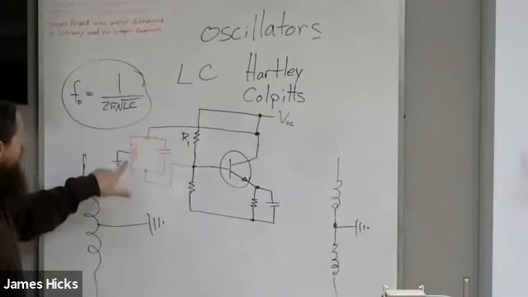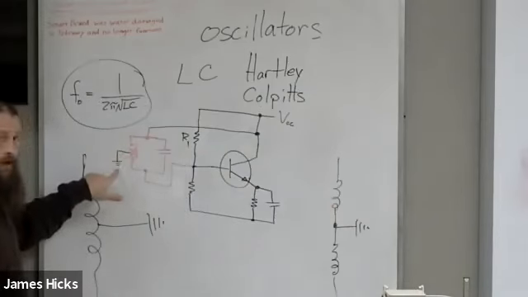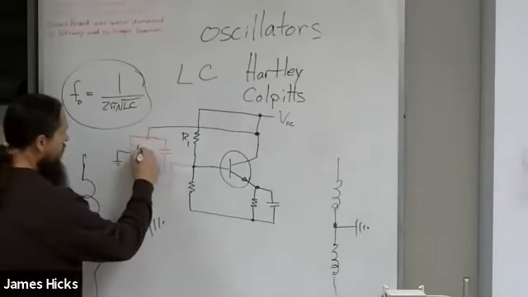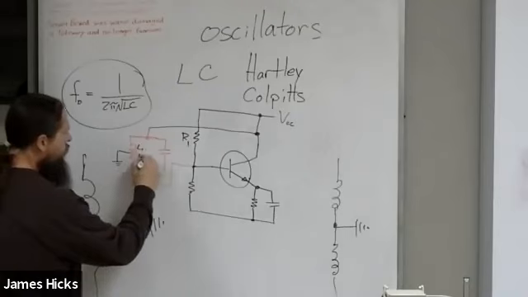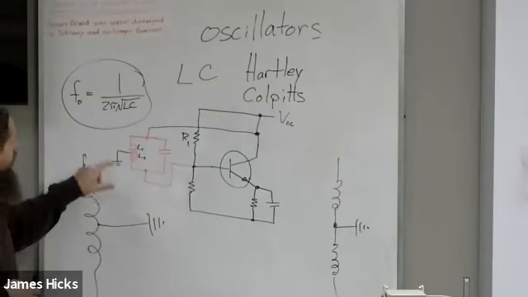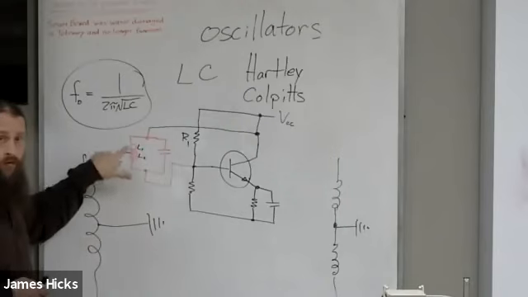The fact that I make the center of the inductor ground, it's kind of like I have L1, L2. These are like the two inductors that are coupling a signal from one onto the other.